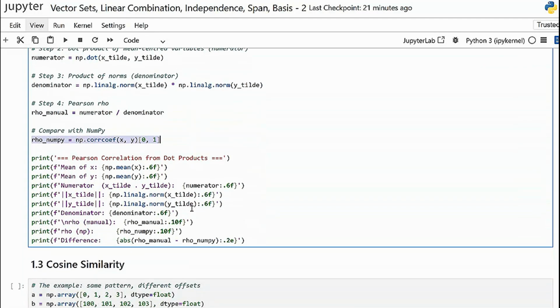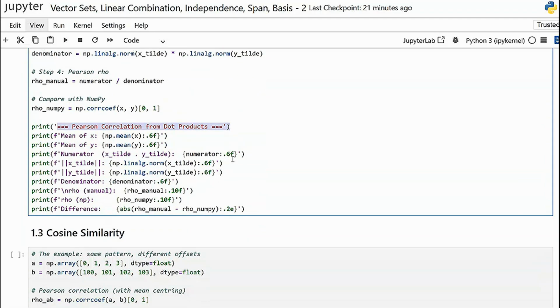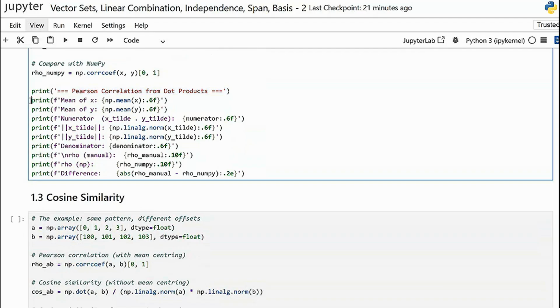Now, let me print it. We print with a small header to clearly label the output section. These two lines print the mean value of x and y, confirming the centering step.